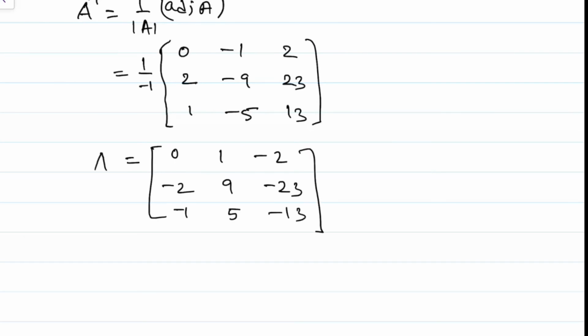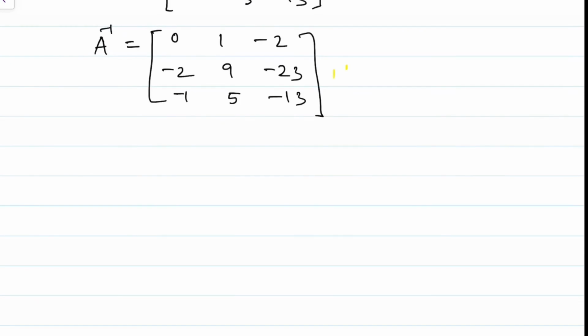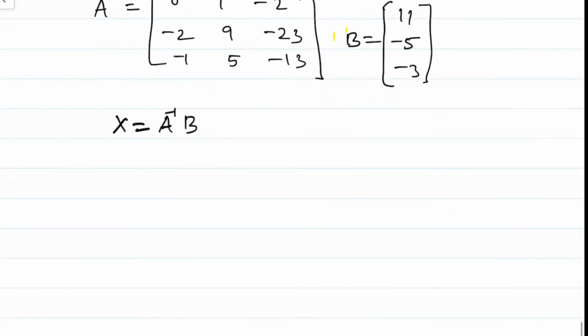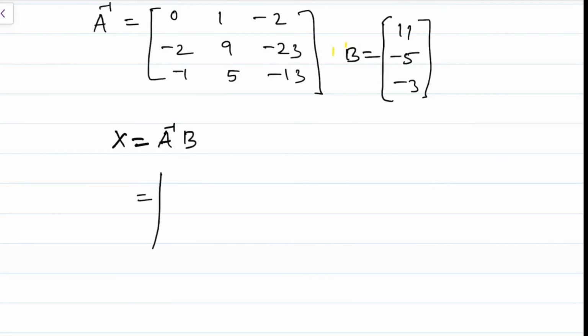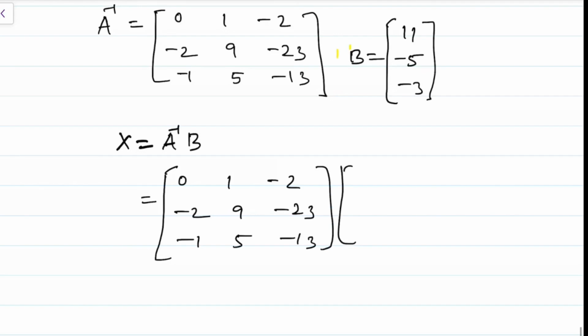Now B is equal to [11, minus 5, minus 3] and X equal to A inverse B. A inverse is [0, 1, minus 2; minus 2, 9, minus 23; minus 1, 5, minus 13] multiplied by [11, minus 5, minus 3].